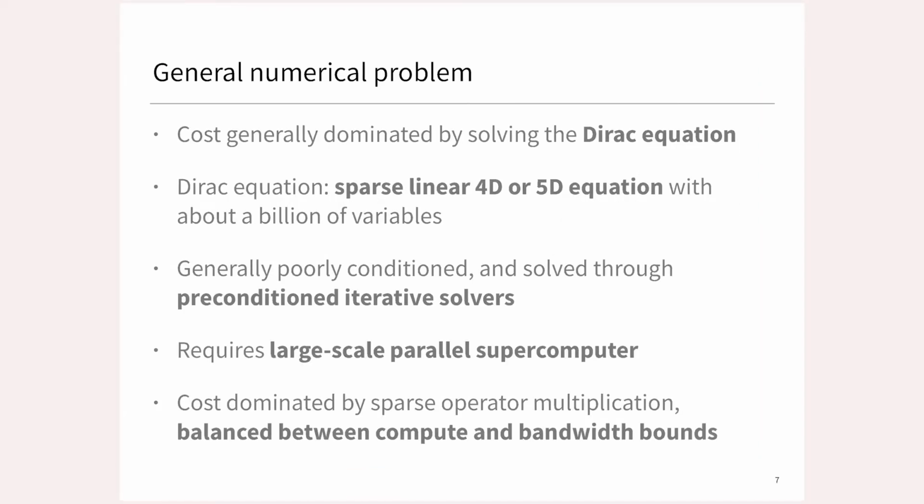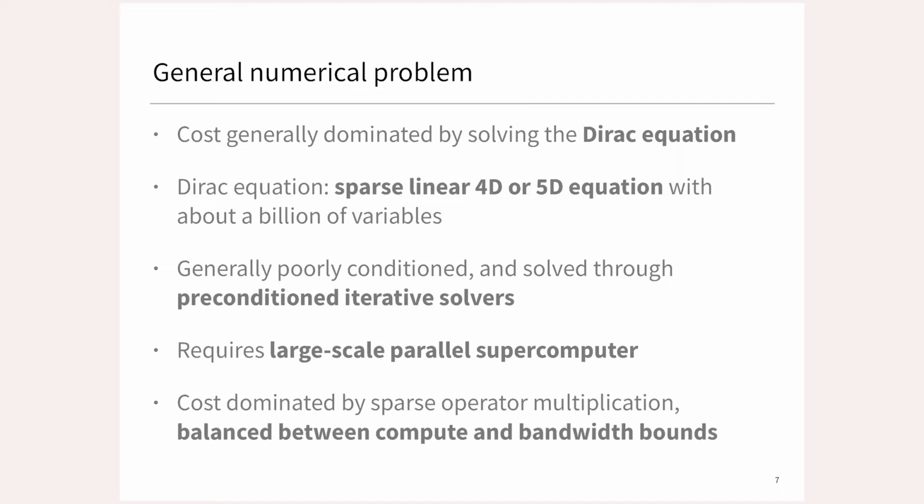That's lattice field theory as a scientific problem; now let me classify it as a numerical problem. Many things can be computed in lattice simulation and it's fairly heterogeneous, but what is rather uniform is that the numerical cost is generally dominated by solving the Dirac equation.